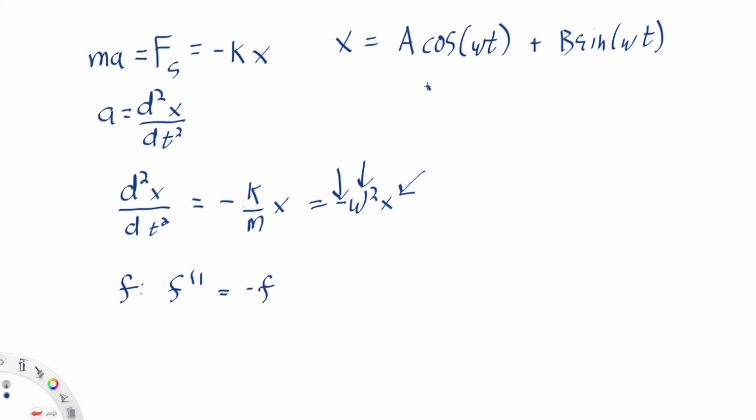Only one of them will have the property, though, that the initial position is equal to the amount we stretched it by. Right? So if our initial position needs to be just a, so plug in 0 for t, that actually gives you sine of 0, which is 0.